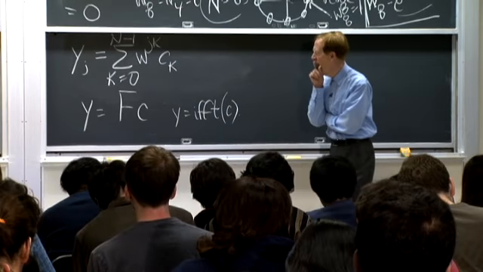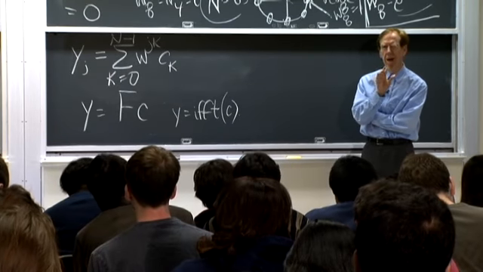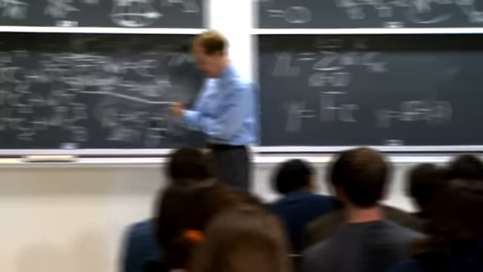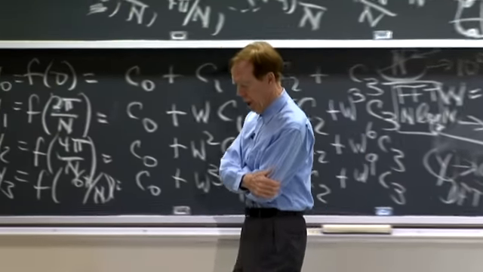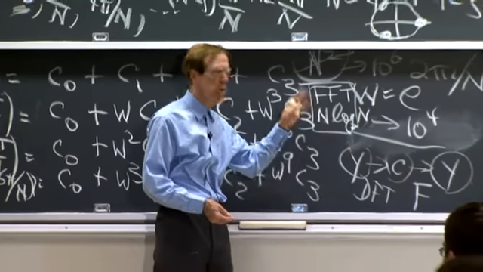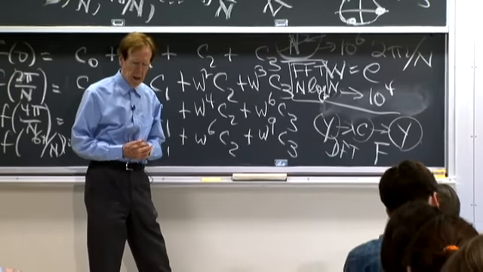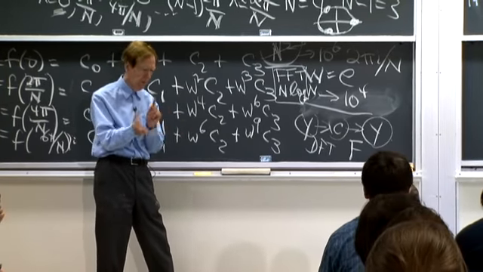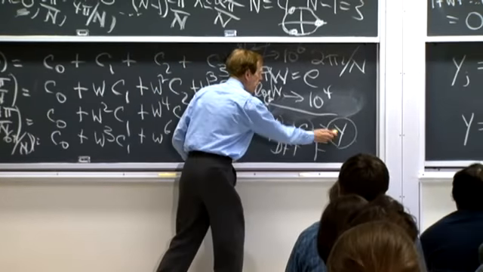Okay. Now, before I show why, I was going to say, what about the inverse? Because if the FFT gave us a fast way to multiply by F, we want it also to give us a fast way to do the inverse, right? We have to go both ways here.